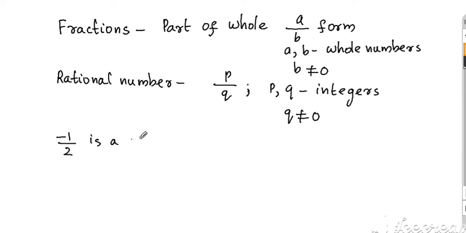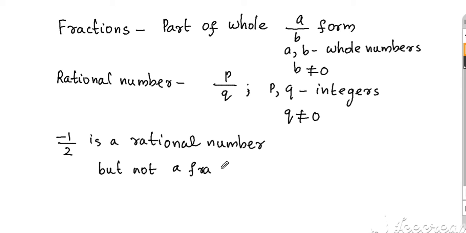For that, we can take an example. Consider negative half. Here the numerator is -1 and denominator is 2. So it is a rational number, but it is not a fraction because -1 is not a whole number. That means we can say all rational numbers are not fractions.